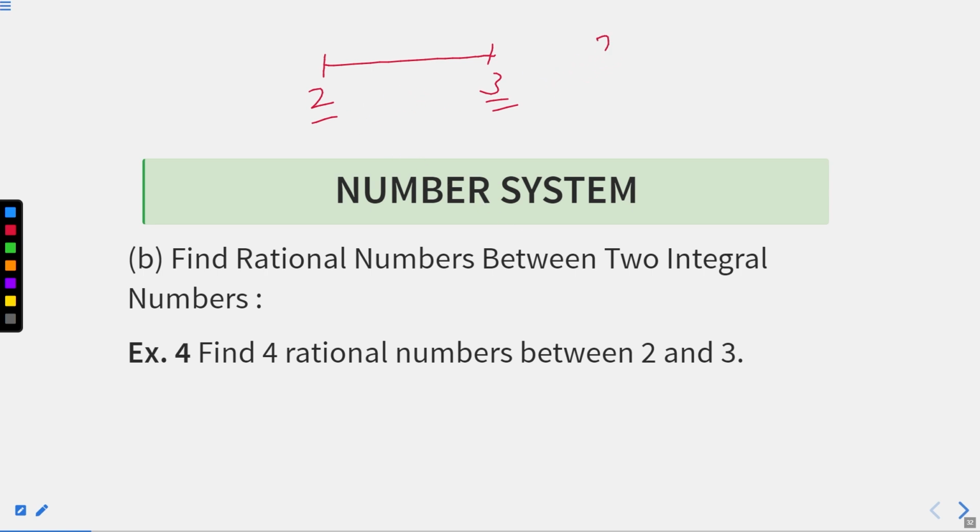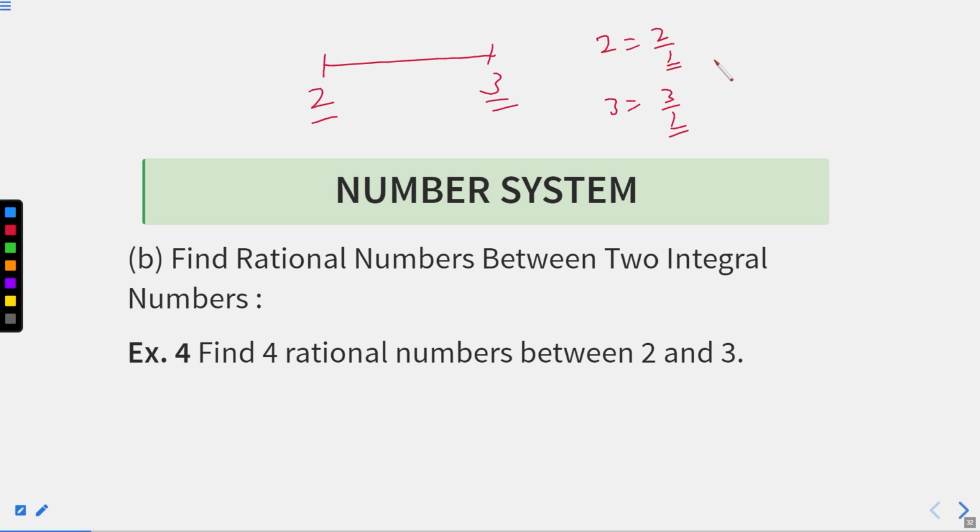We know 2 is equal to 2 by 1 and 3 is equal to 3 by 1. We try to make our fractions like fractions. Like fractions means having both denominators equal to each other. Here both are equal. So we try to increase the denominator.